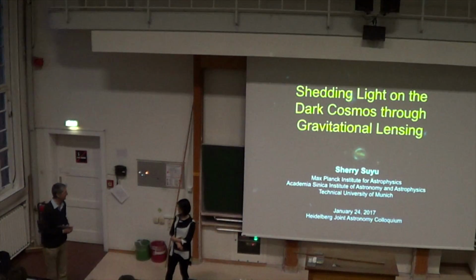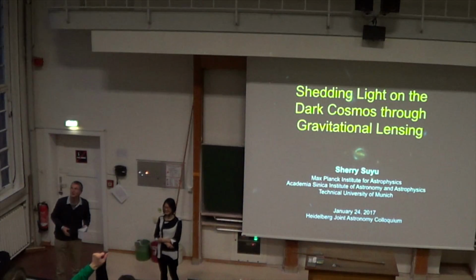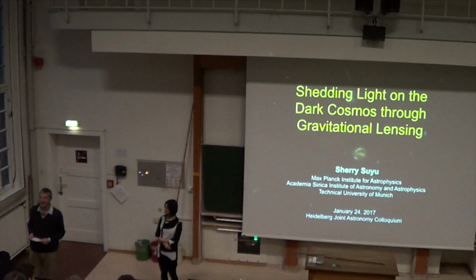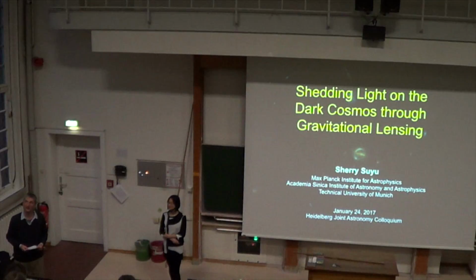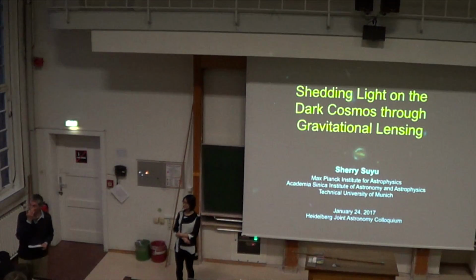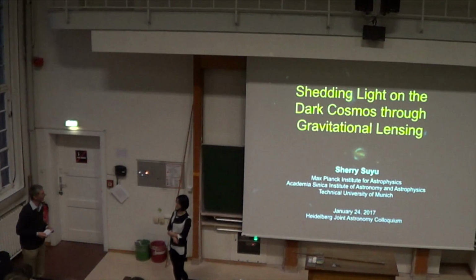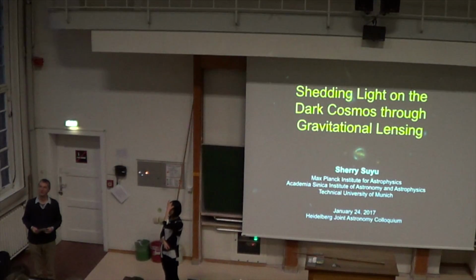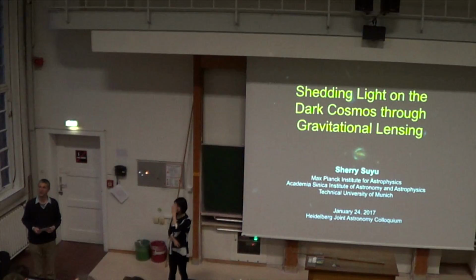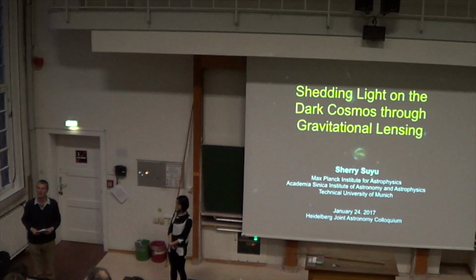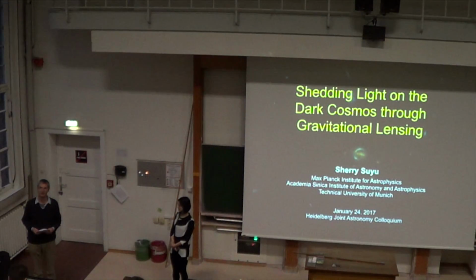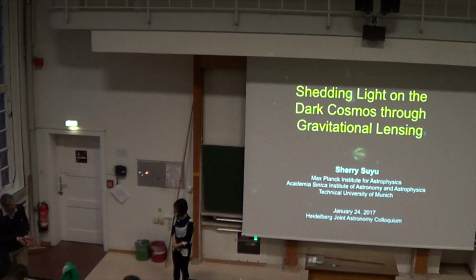So we must enjoy the Pacific by then, fully agree. Then she moved to the ASIAA Institute in Taipei. And since last year, she is a Max Planck Fellow at the Max Planck Institute for Astrophysics in Garching, with a joint appointment at the Technical University of Munich. So, welcome, Sherry.